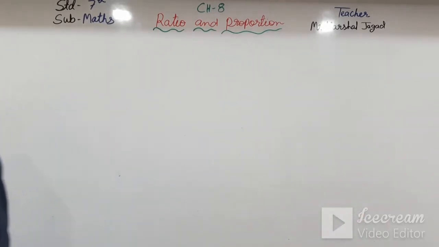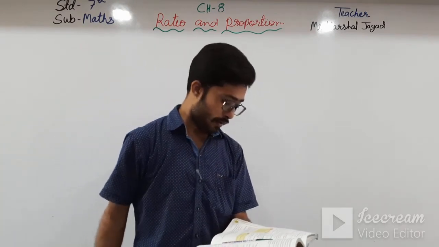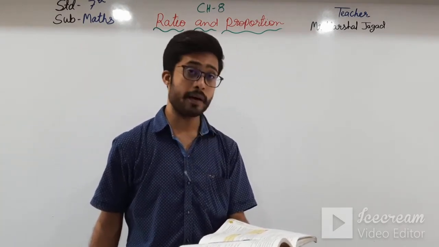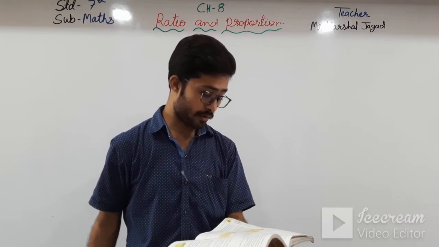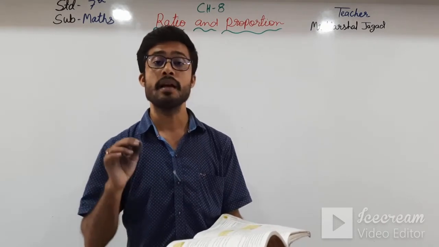So example number 12: the cost of 8 copies of a book is 488, and find the cost of 13 copies of the same book at the same rate.